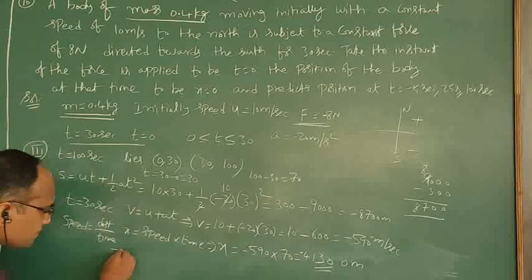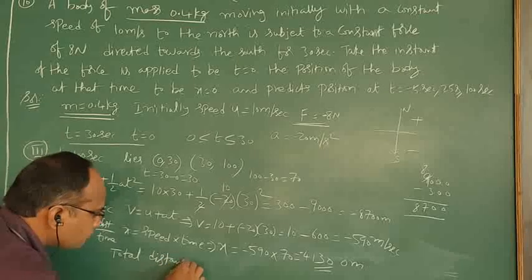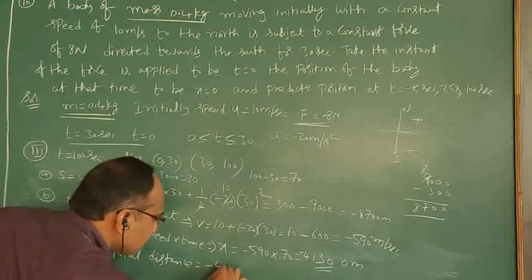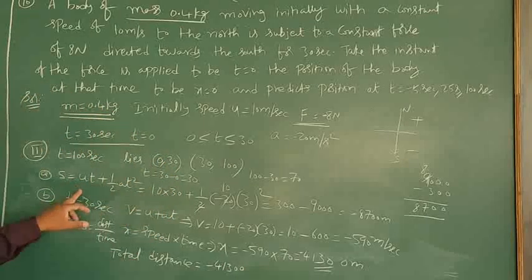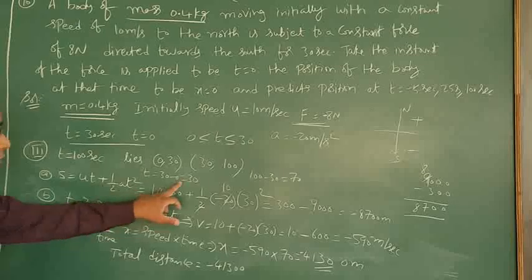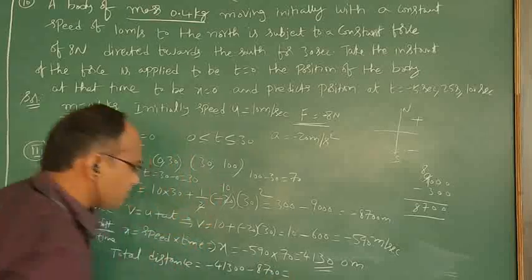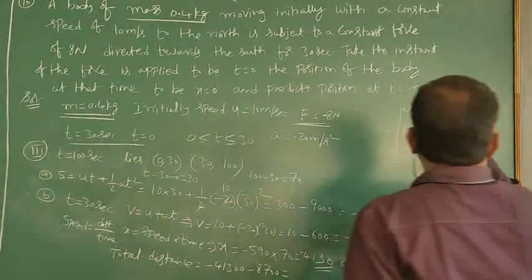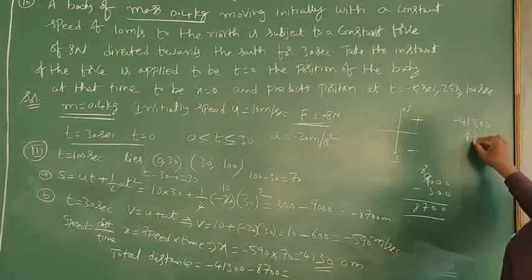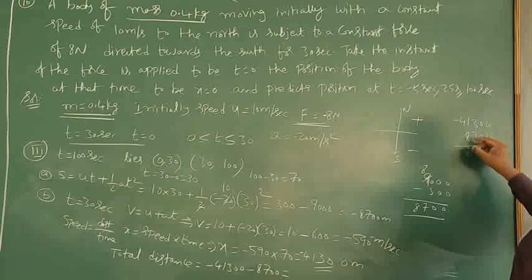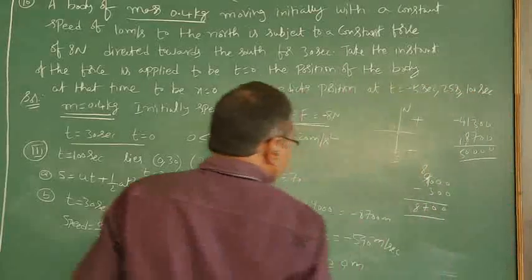Now what is the total distance? Total distance is minus 41300 and another distance, 0 to 30, which we got as minus 8,700 meters. So minus 41300 minus 8,700 means 50,000 meters.